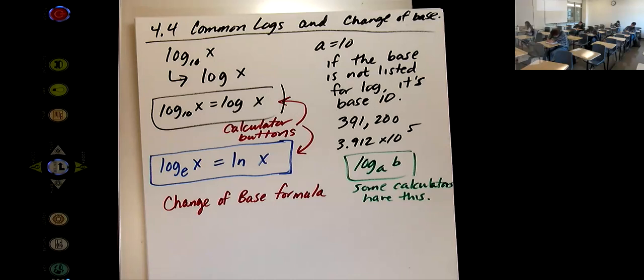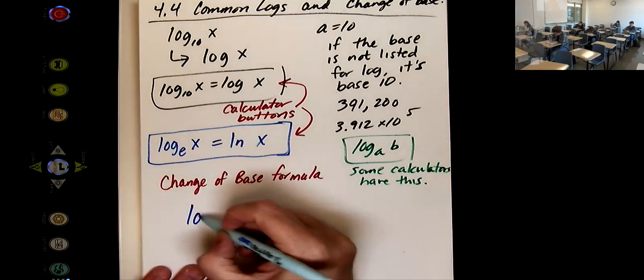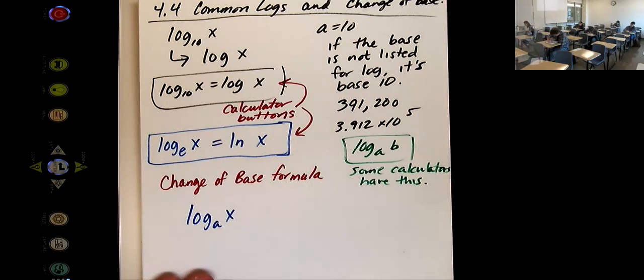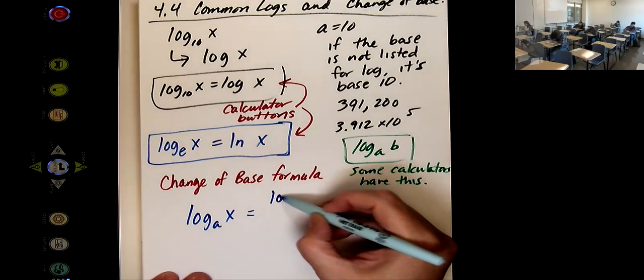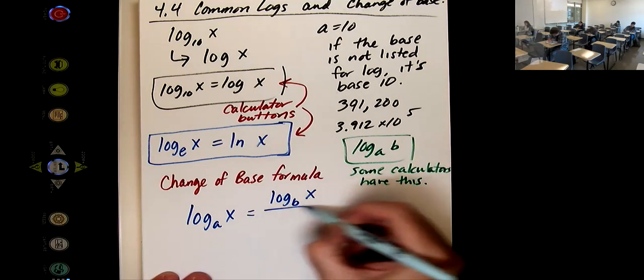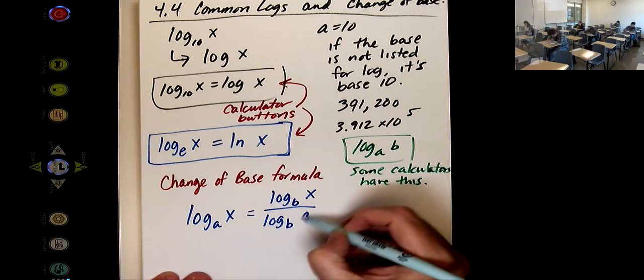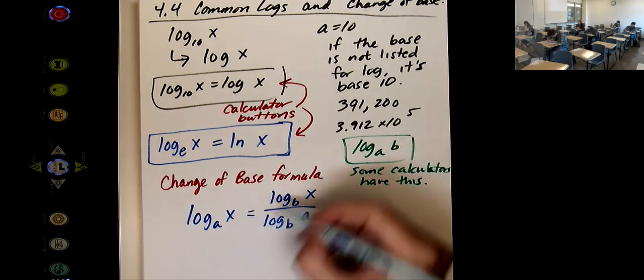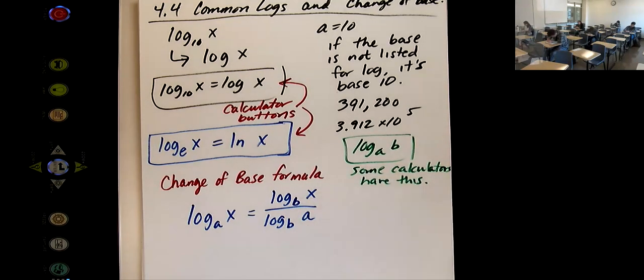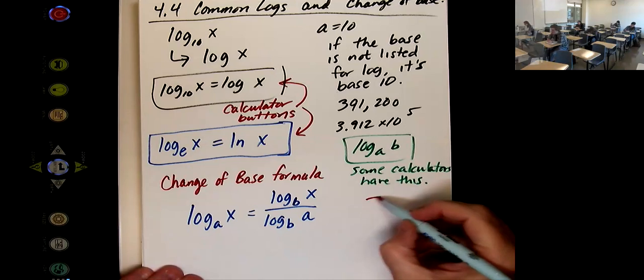We have log base A of x, which can be written as log base B of x over log base B of A. So you introduce a new base.